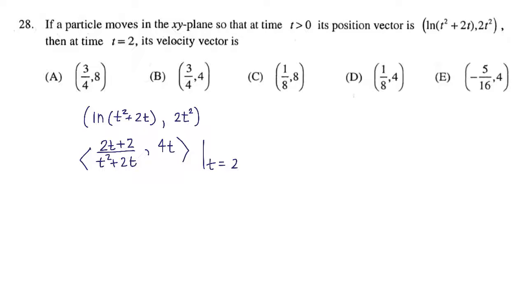And so we substitute in our 2, and it looks like we're going to get 6 in the numerator over plugging in 2 in the denominator: 4 plus 4, 6 over 8, comma, and then for the other side we would have 8. So which answer choice does that look like? It is answer choice A.